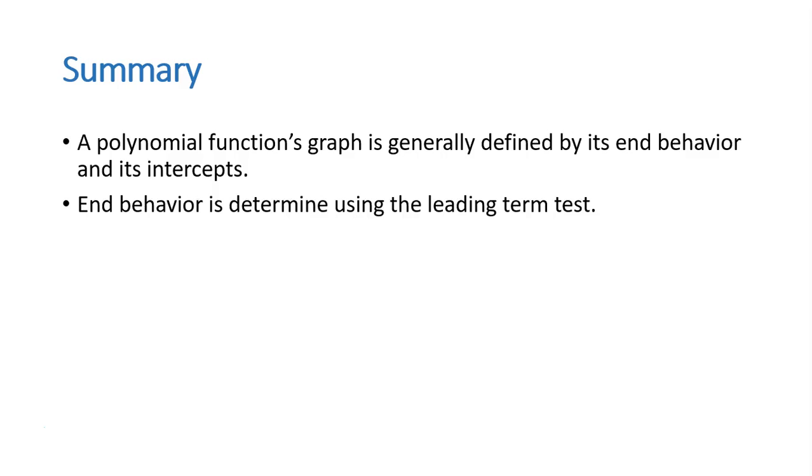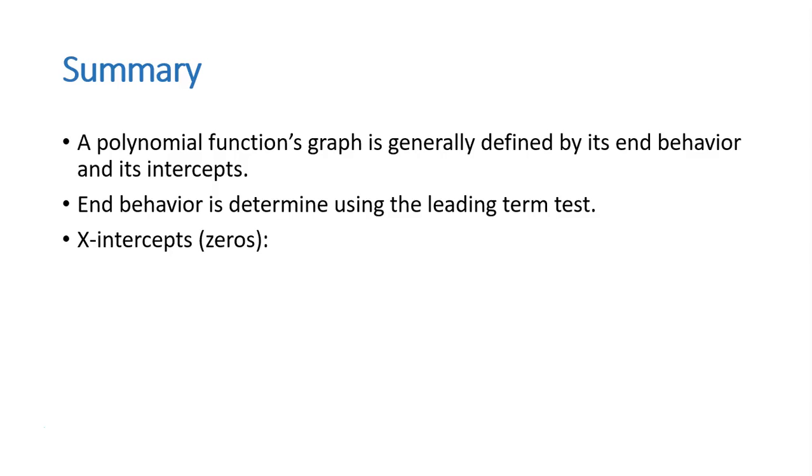So end behavior specifically, in other words, where the arrows are pointing on the tails of the graph, that's determined using the leading term test. So we determine the degree of the polynomial, in other words, what's the exponent on the leading term. And then is the leading coefficient, the coefficient on that particular term, positive or negative? So that gives us 4 different possible combinations. Whichever one we fall under will determine which way our arrows are pointing for our graph.